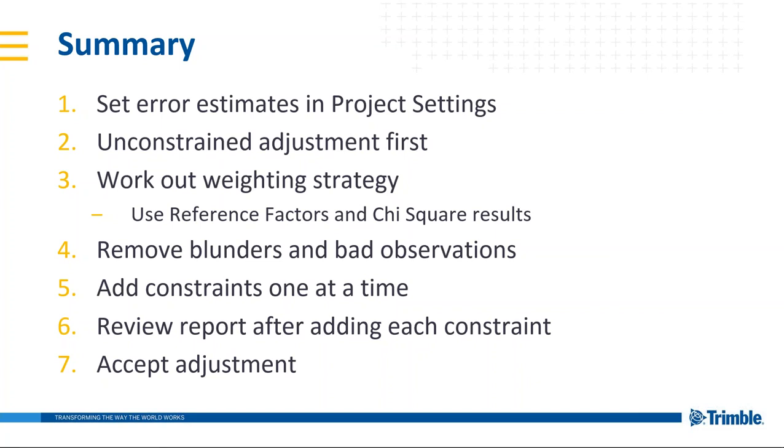So then you start adding constraints one at a time. In the essence of time here, Richard fixed multiple coordinates at the same time, but the good practice is to do one at a time and hit adjust. And every time you do that, make sure you review the report and look at each constraint. We didn't go into the details. There are many more things in that network adjustment report, so you can look at the individual error ellipses and things like that.